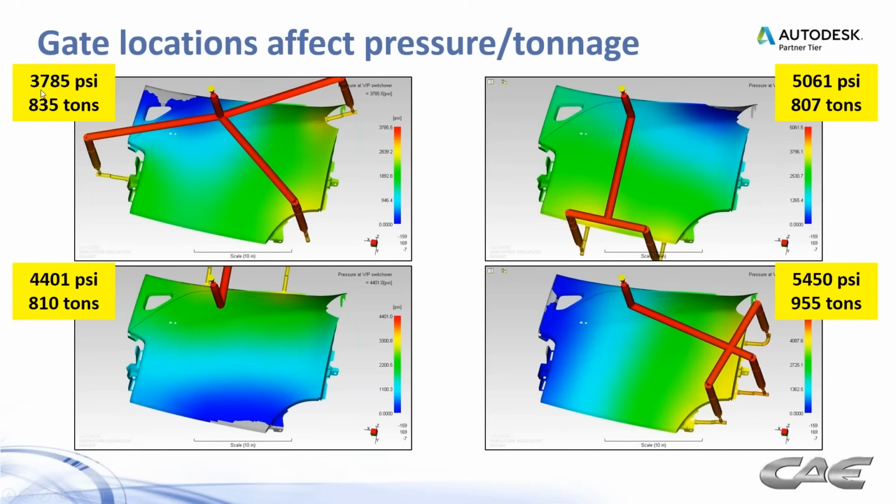With the 3 gates, 3,700 PSI and 835 tons to process this out. This option over here, we see a little bit more pressure, a little bit less tonnage. Here we have 4,400 PSI and about the same tonnage when we gate from the top. But the scenario that was best for warpage produced the highest pressure because we have a much longer flow length across the part, and the highest amount of tonnage because we have that higher pressure scenario.